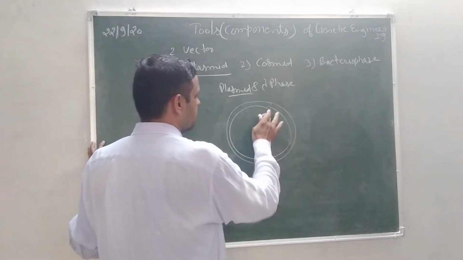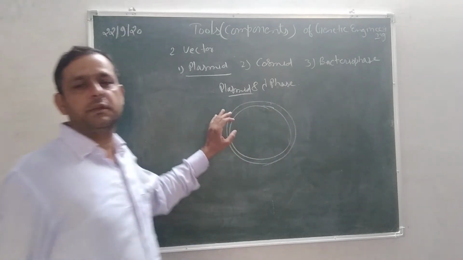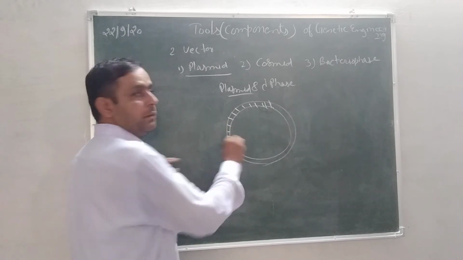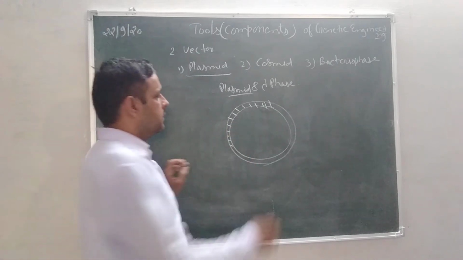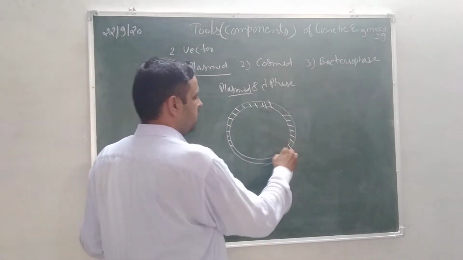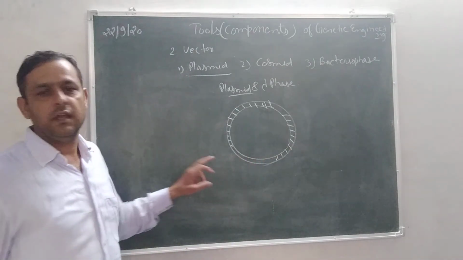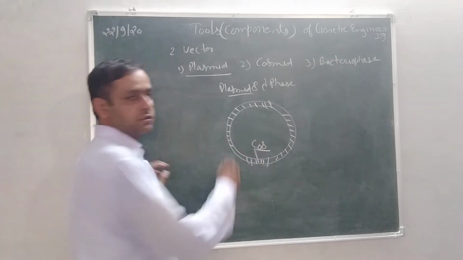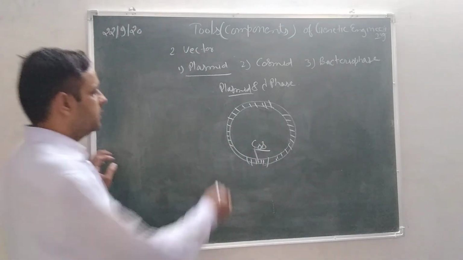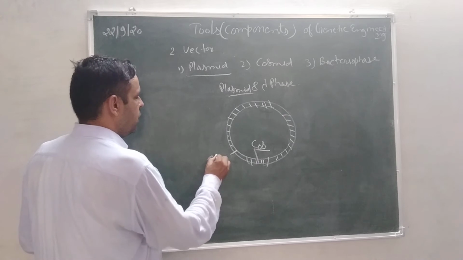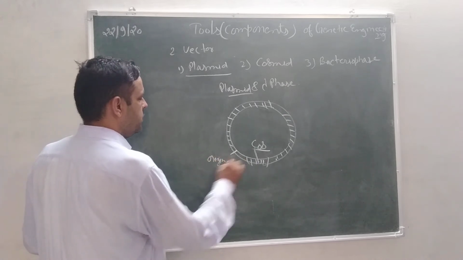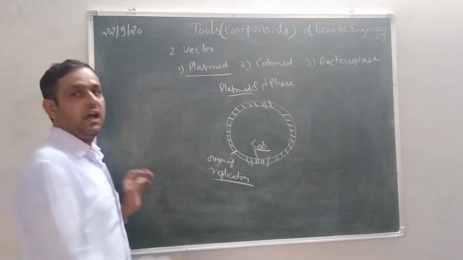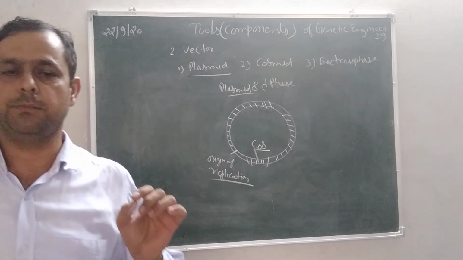So half the characters of plasmid and half the characters of lambda phage are present, and these are the cos sites, and the origin of replication site is also present on the cosmid.